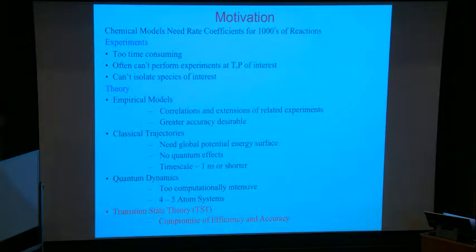I would argue with you, and I'll show you a little bit of this, that for many reactions you can actually get a better prediction of the rate constant from good theory than you can from an experimental measurement. It's hard to get experimental measurements that are more accurate than a factor of 2 for many reactions.